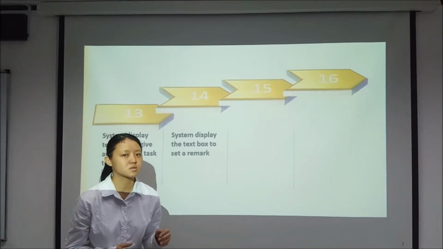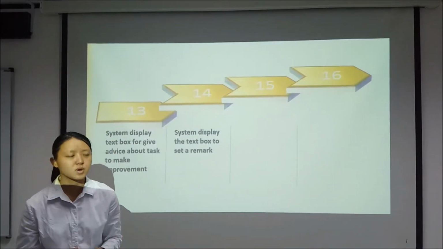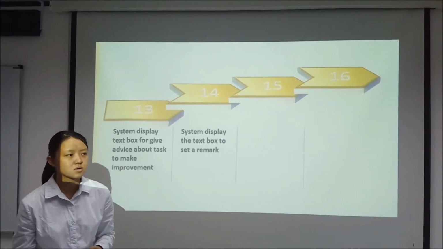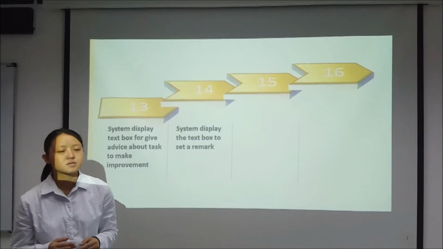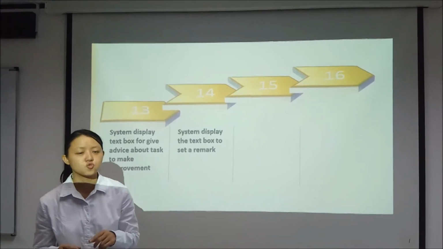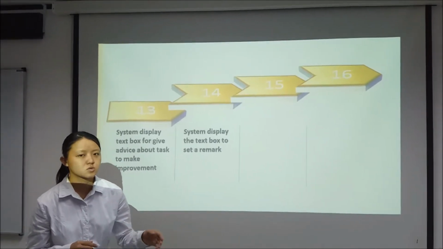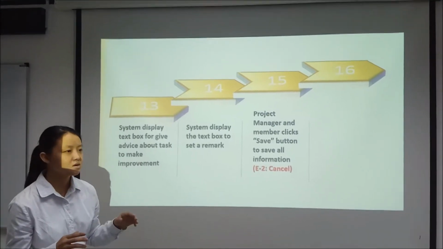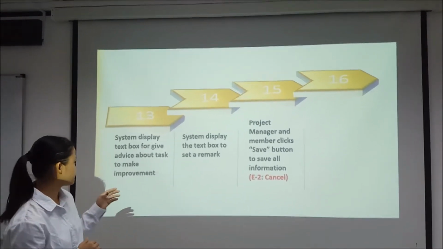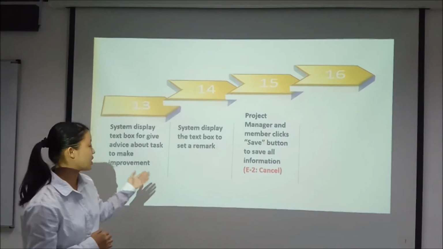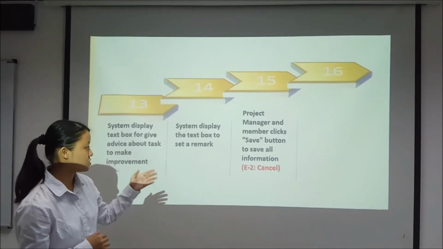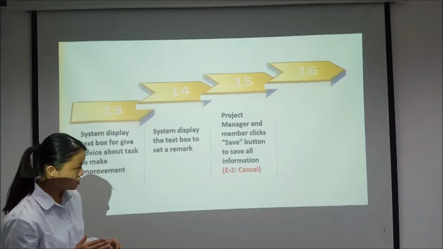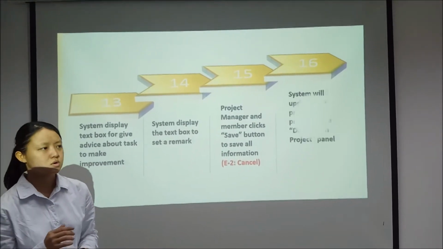Project manager and member can set a remark to the system if got information like got problems or something, can write in this text box to ask other members to help. And next, after key in all the information like the advice and the remark, project manager should click the save button to save all the information. If not, it can get cancelled and will edit again.